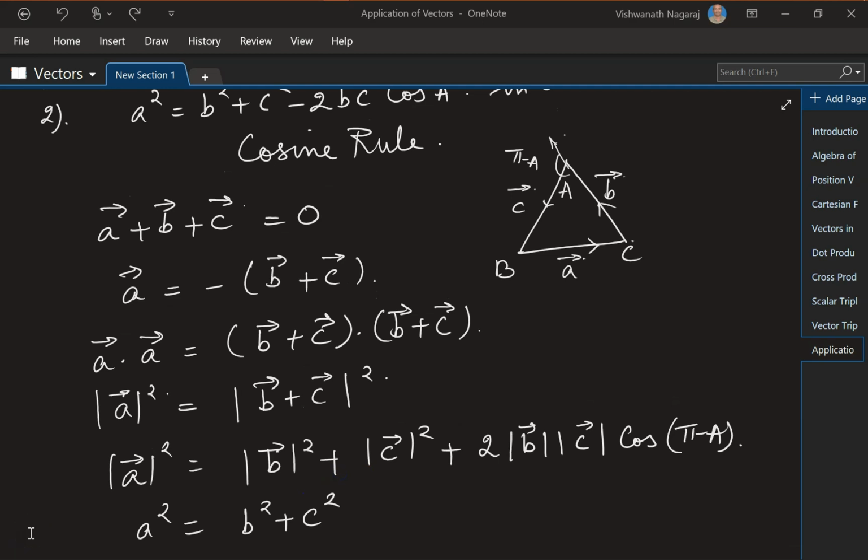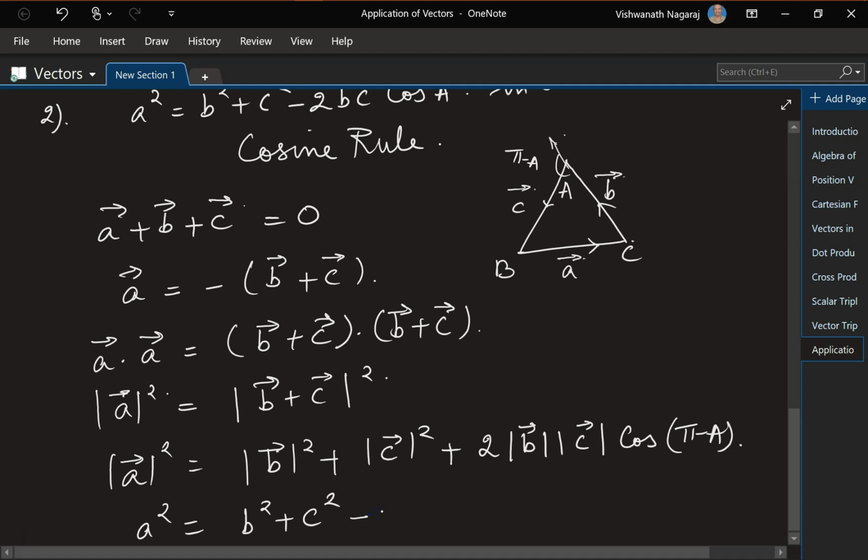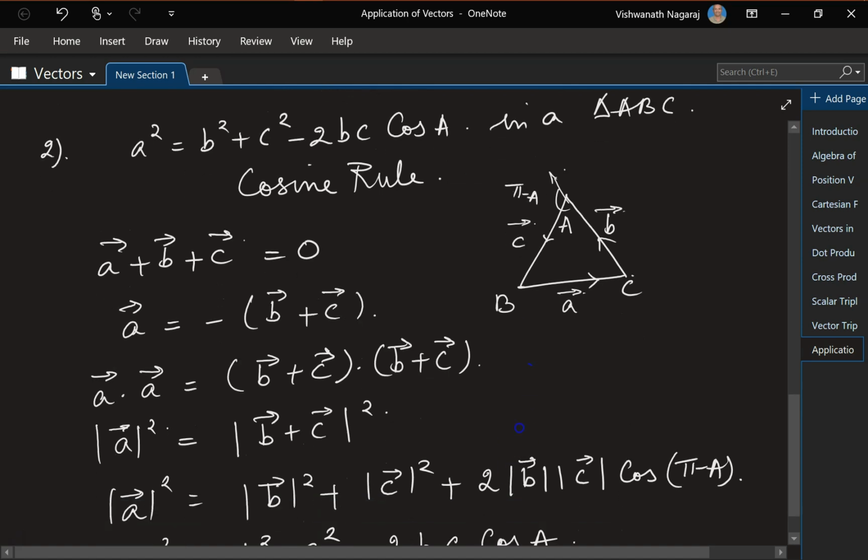Now cos of pi minus A is minus cos A. So we can write this as minus 2 times magnitude of vector B, that is B, times C cos A, which is what we had to prove.